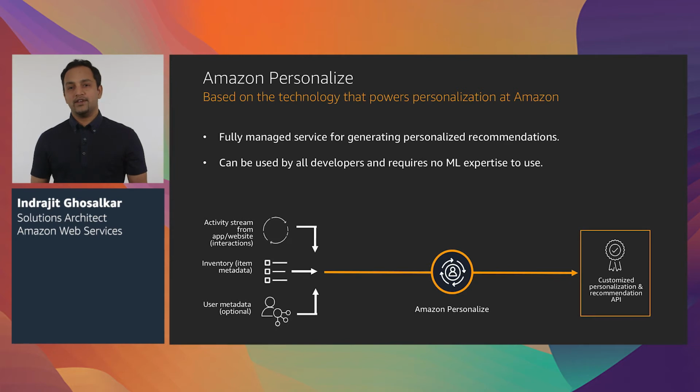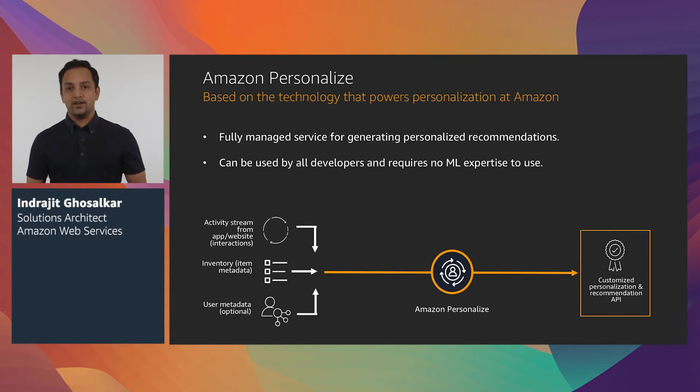If you look at the diagram, we start by providing three kinds of data sets. User interactions. What are users clicking on? What are they purchasing? What are they watching? This has strongest signal for personalization and is the only data set compulsory. The other two are optional.